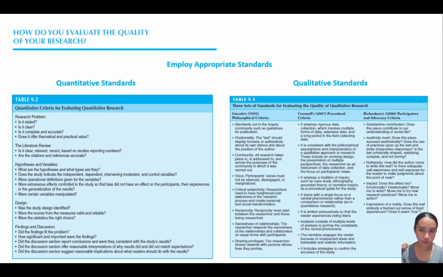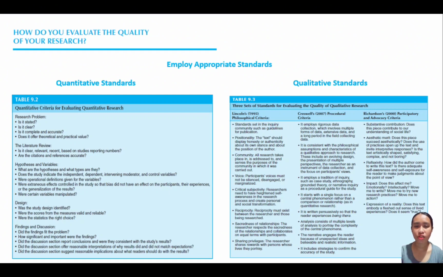Next one, the last one, will be Richardson's participatory and advocacy criteria. Richardson's participatory and advocacy criteria offer a thoughtful approach to evaluating qualitative research.